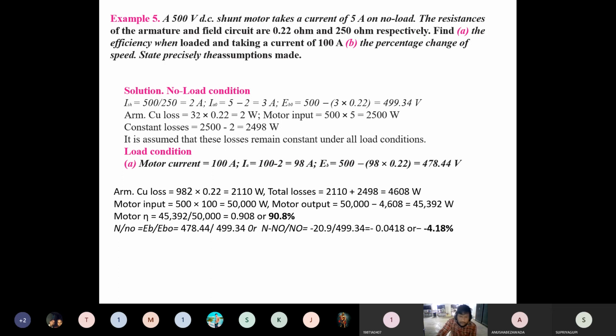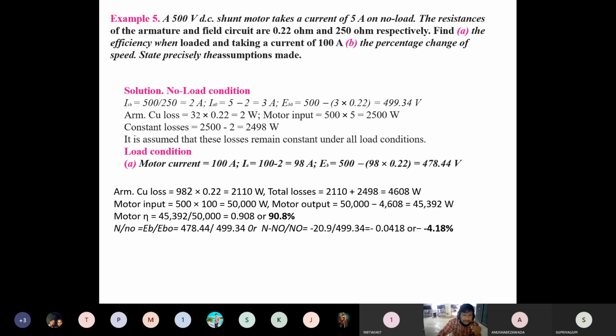And the motor input: if it is given in kilowatts, that is the input, but it is not given here in the problem. That's why the motor input is V into IL, that is 500 volts and a current of 5 amperes. So 500 into 5 is equal to 2500 watts, right?